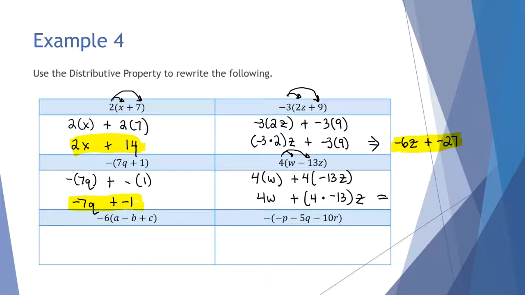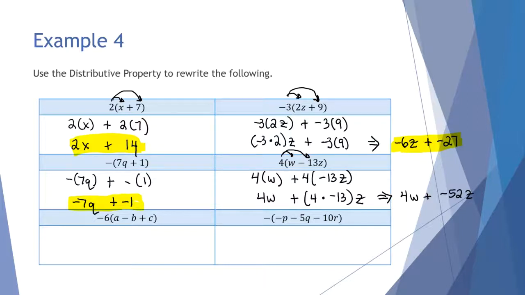So again, I didn't leave myself enough room here. So I'm going to just go to the right here. So I have 4w plus, then I do the multiplication, 4 times negative 13. That is negative 52. So then I have negative 52z.